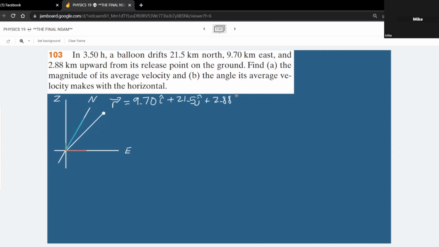So plus 21.5. Okay. Tapos yung unit kilometers. So the whole thing multiplied by kilometers. Okay. So kung yan yung displacement, how do you get the average velocity?